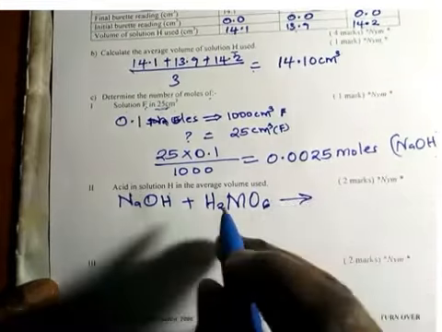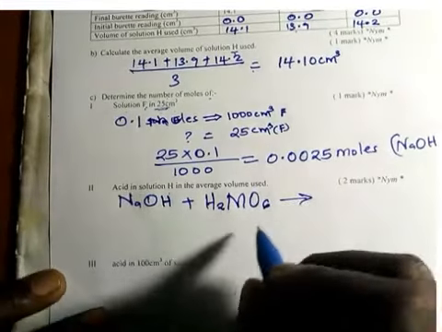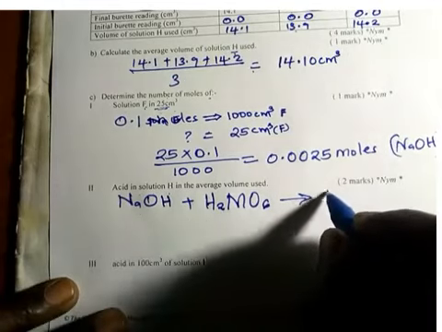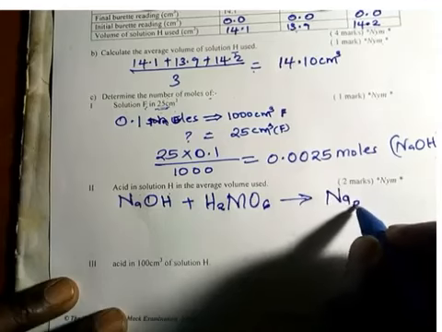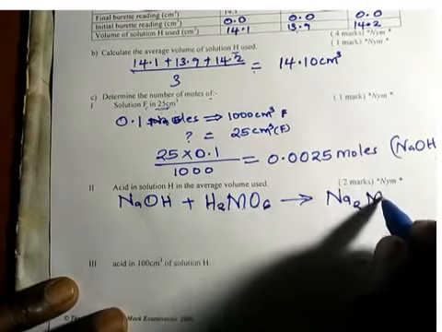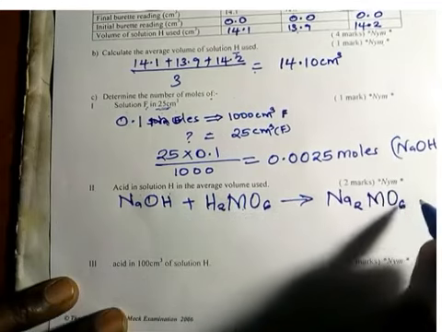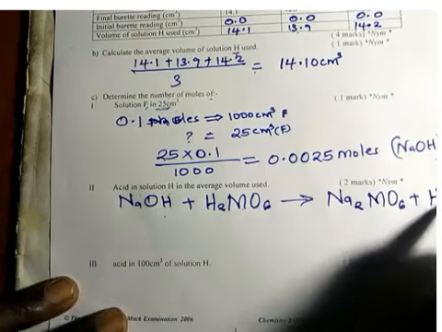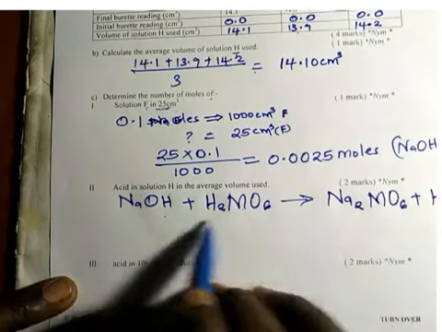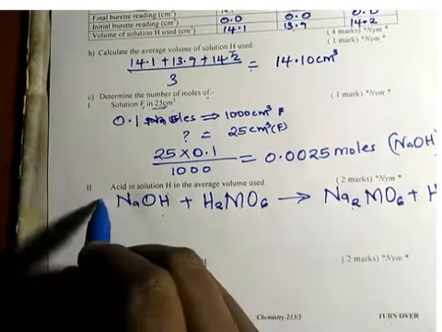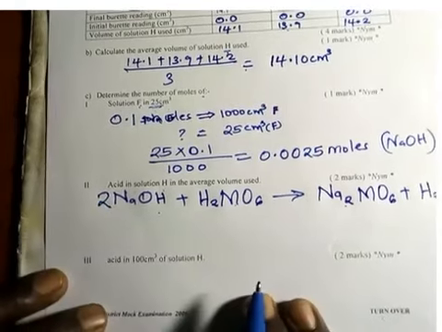I told you this one is like sulfuric acid, so you write the equation the way you would have written it using sulfuric acid. So you will have sodium sulfate; instead of sulfate, you write MO6, plus water. It is a salt plus water reaction because this is neutralization. But since sodium here is 2, you balance by writing 2 here, and that is it.